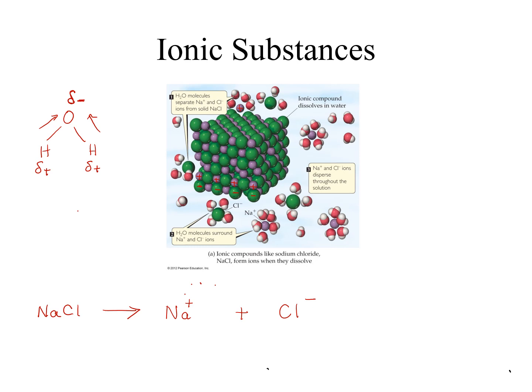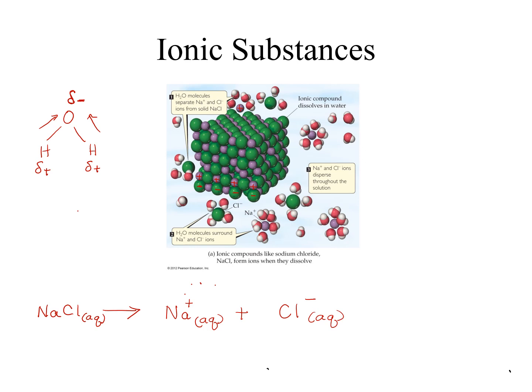Now we have a very specific state to represent a substance dissolved in water. You use aqueous as the state to represent a substance dissolved in water. So we are going to say sodium chloride aqueous means sodium ions, dissolved sodium ions, so sodium ion aqueous plus chloride ion in aqueous state.